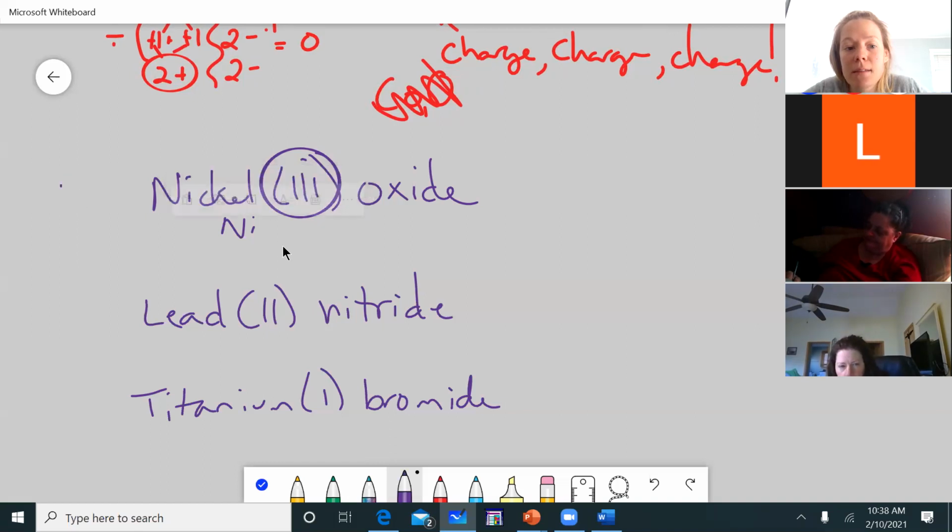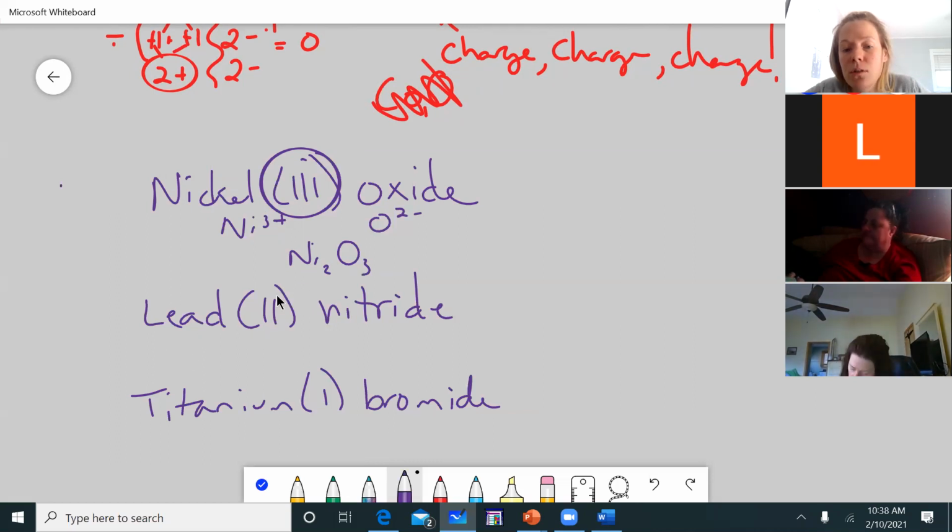That indicates that you have a 3+ charge. It does not tell you that you have 3 nickels. It tells you its charge. So first write out the cation and the anion, or the metal and the nonmetal, with their charges. Oxygen always has a 2- charge. You'll start to learn the predictable ones pretty fast. Then we're going to flip flop. So nickel is going to get the 2 and oxygen is going to get the 3.